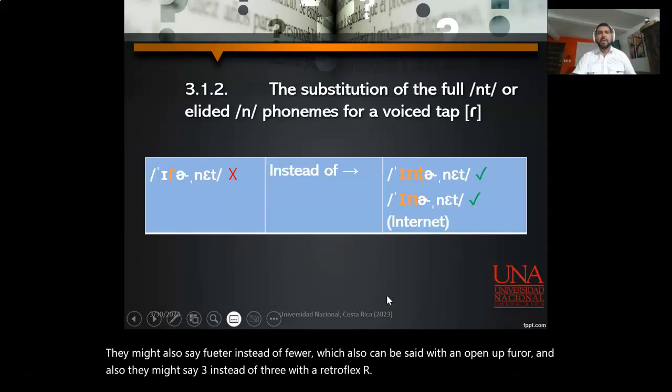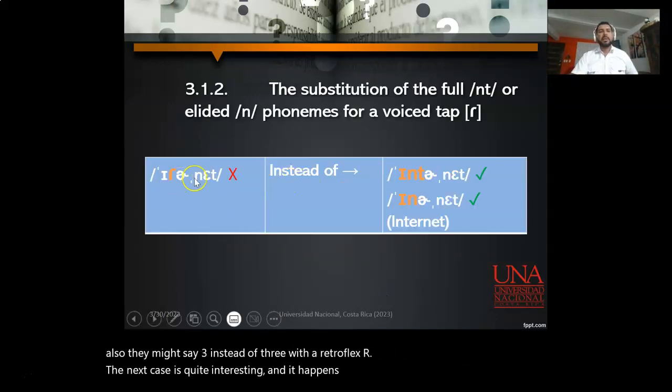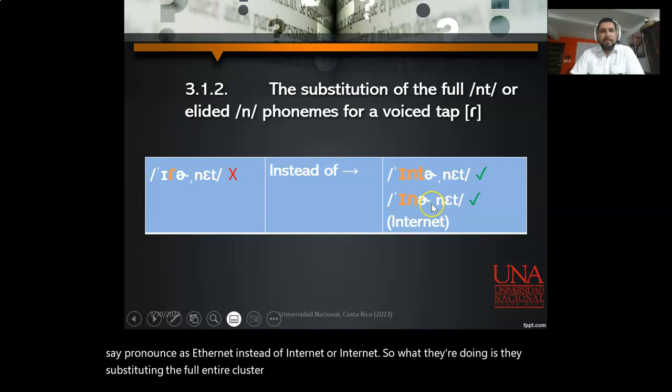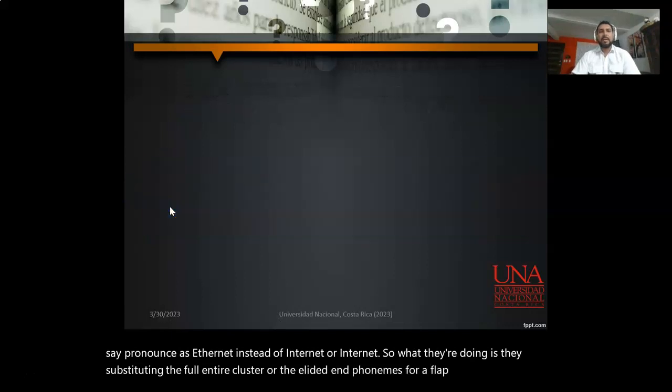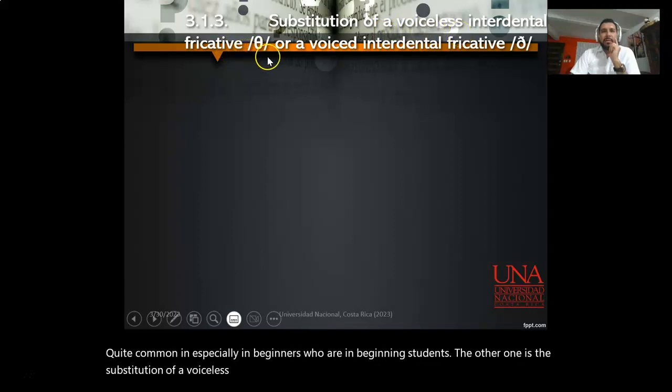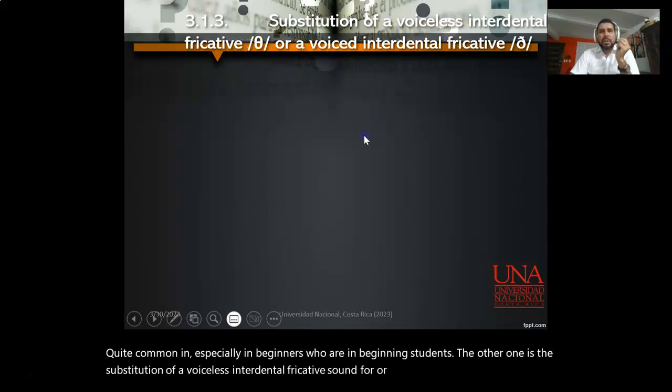The next case is quite interesting, and it happens with the word internet, which many students pronounce as ethernet instead of internet. So what they're doing is substituting the full NT cluster or the elided N phonemes for a flap. Quite common especially in beginning students. The other one is the substitution of a voiceless interdental fricative sound or a voiced interdental fricative sound.